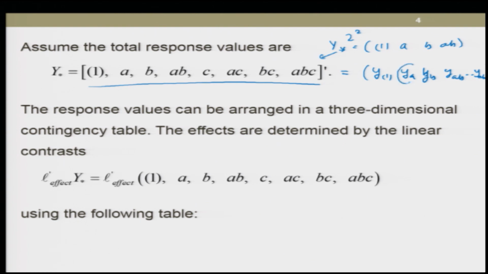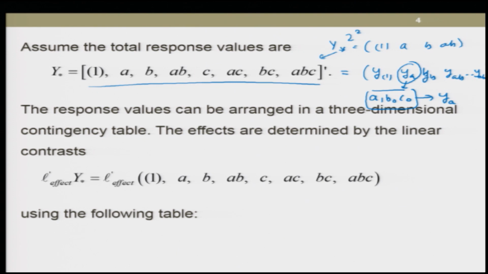For example, when I say ya, if I take a plot in which I give the treatment combination A 1, B 0, C 0, then whatever is the outcome of this plot is denoted by ya.